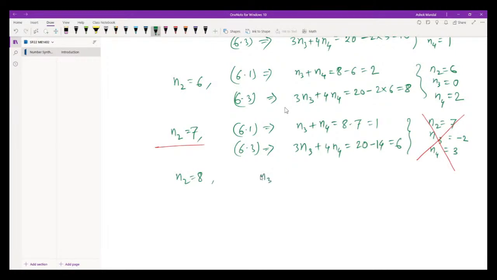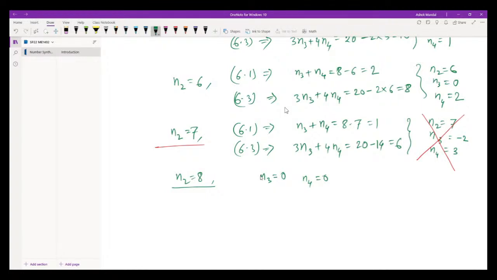What is the value of n3 and n4? 0, 0. So you can construct a mechanism using only 8 binary links and simple hinges.